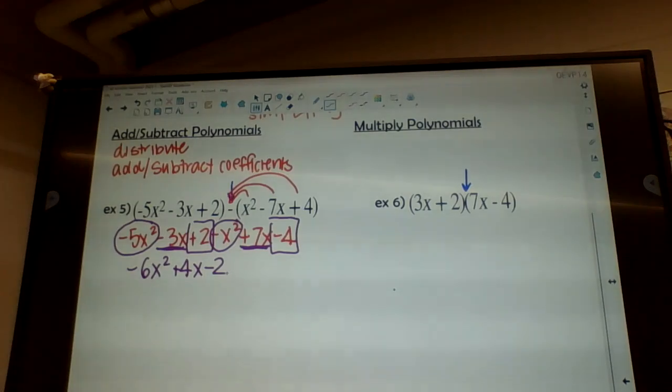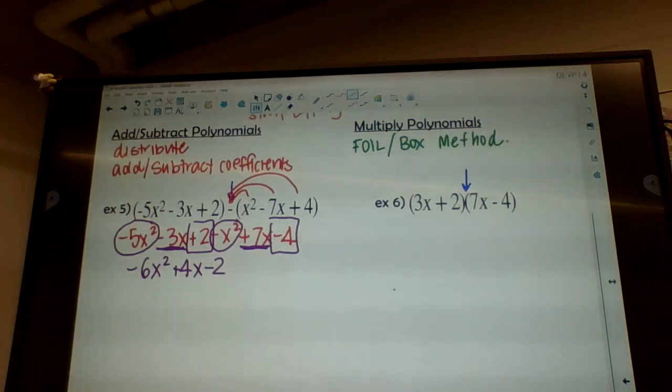Whereas the second one is multiplying, and this is where either we're going to use FOIL or box method. So FOIL or box method here.